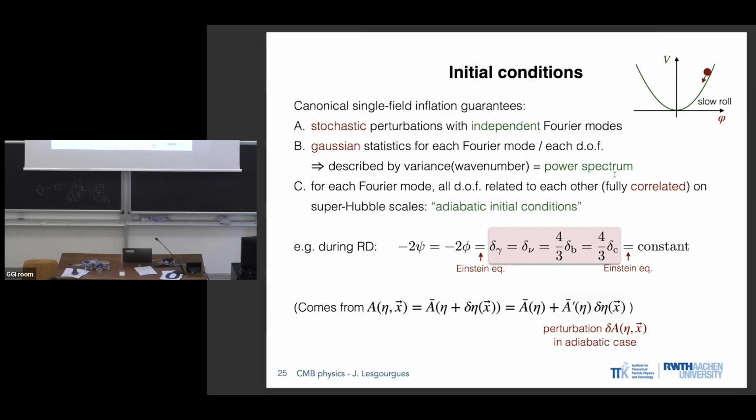But more than this, inflation guarantees, or at least canonical inflation guarantees, that each Fourier mode has Gaussian statistics. And this simply comes from what you learned on harmonic oscillators. Quantum harmonic oscillators have a wave function which has a Gaussian expression.